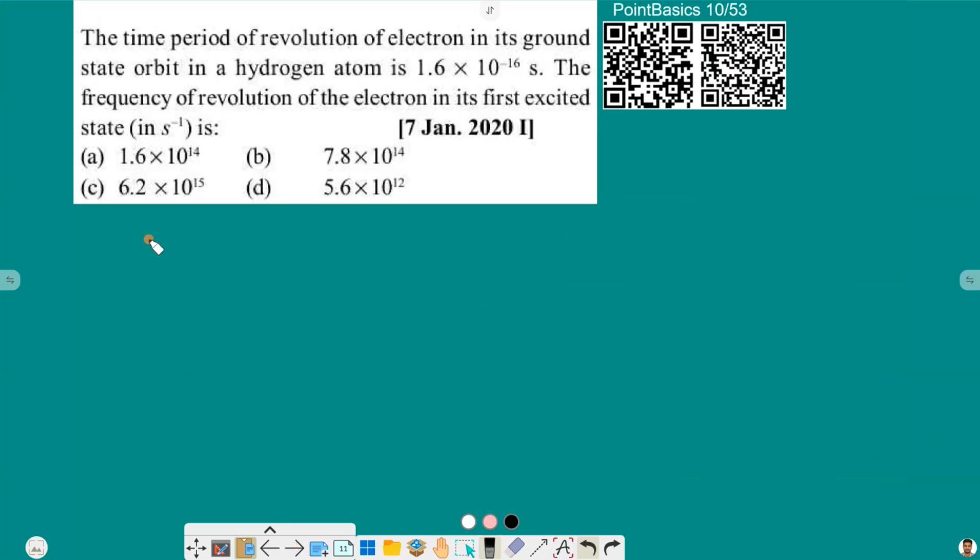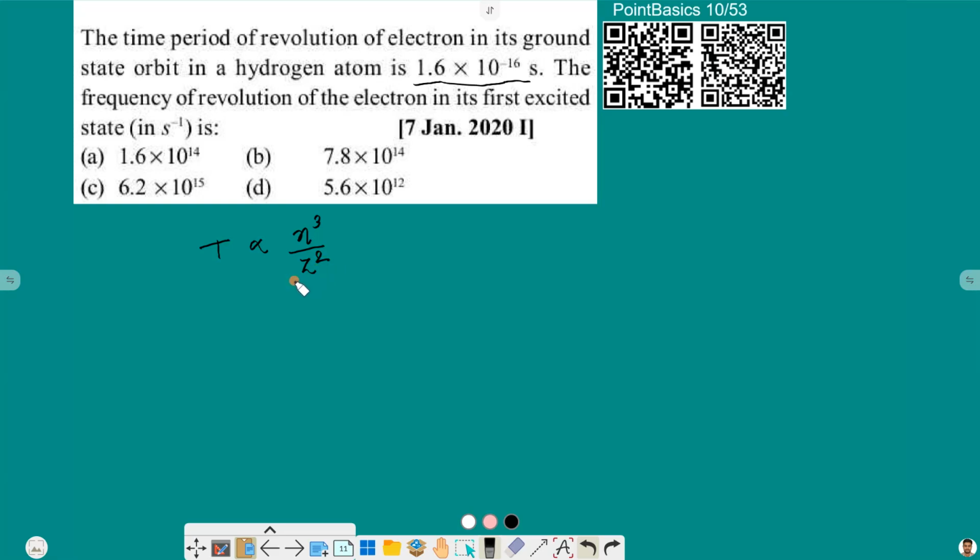Moving to the next one. The time period of revolution of electron in the ground state orbit in hydrogen atom is given by this value. The frequency of the revolution of the electron in first excited state is asked. Now, we know from the Bohr model that time period is proportional to n cube by z square.